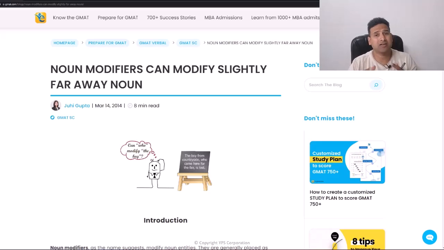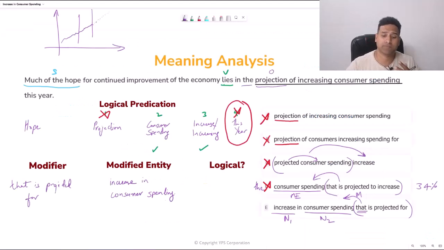But it is not necessary that a relative pronoun always refer to the immediately preceding noun, right? And we have a case in point. For example, there is a possibility that a relative pronoun can jump over the immediately preceding noun to modify a slightly far away main noun in the preceding noun phrase.